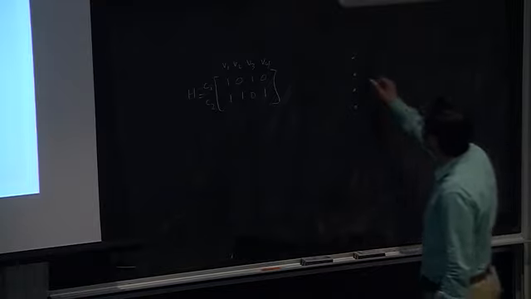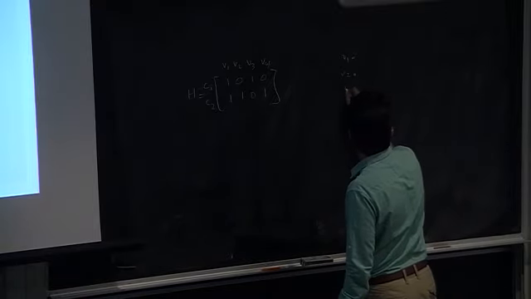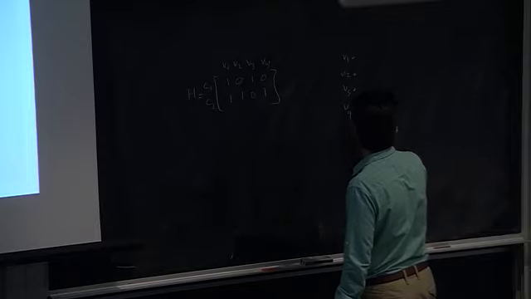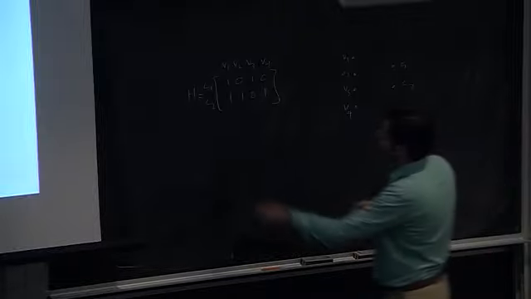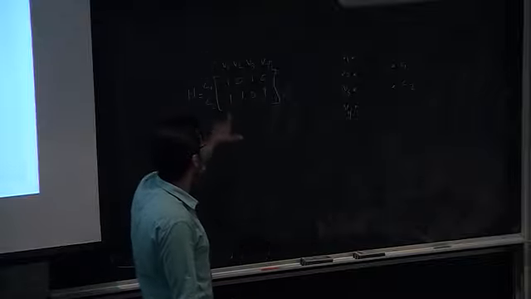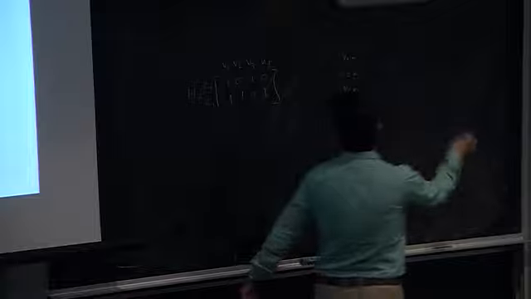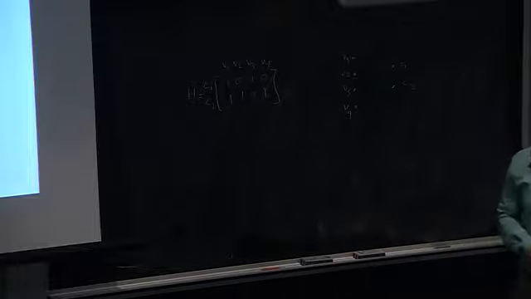And the Tanner graph is a bipartite graph, which looks like this. C_i is connected to V_j if and only if the corresponding element is 1.